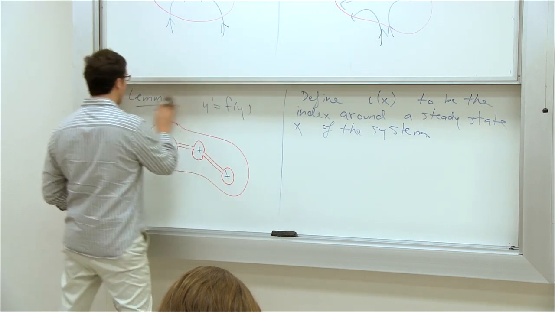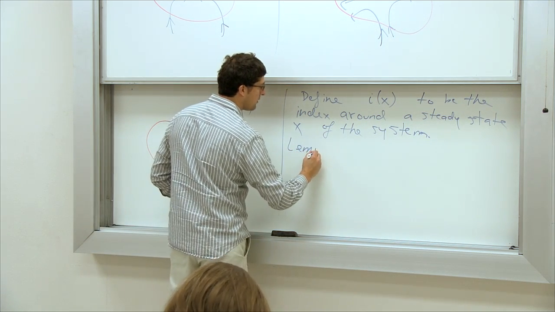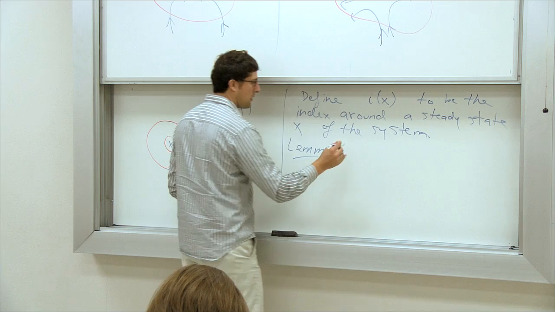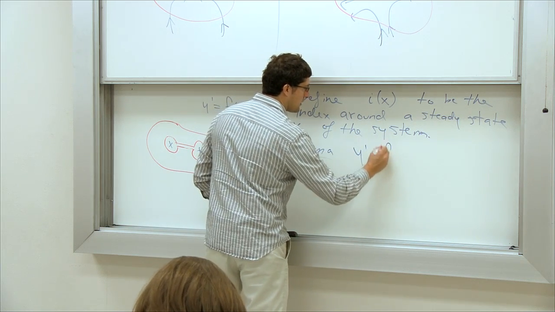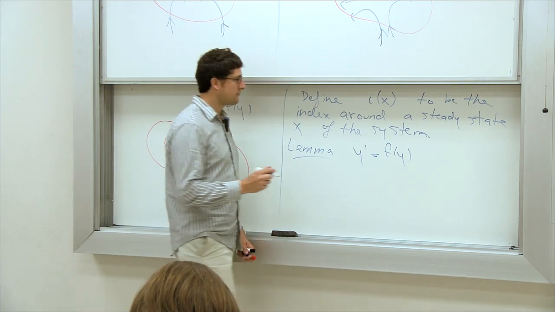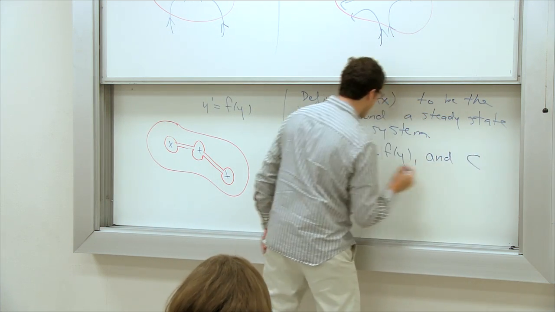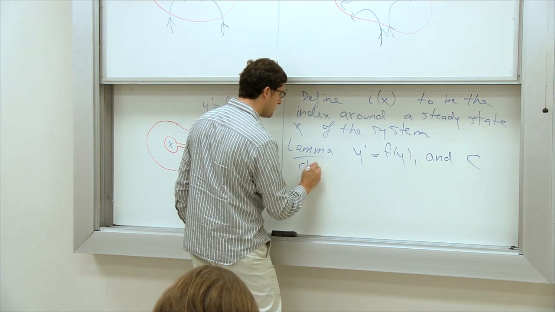Okay, and now I can actually write the lemma. Let me write the lemma over here. You've got a vector field in the dynamical system y prime equals f of y, and C is a closed path.